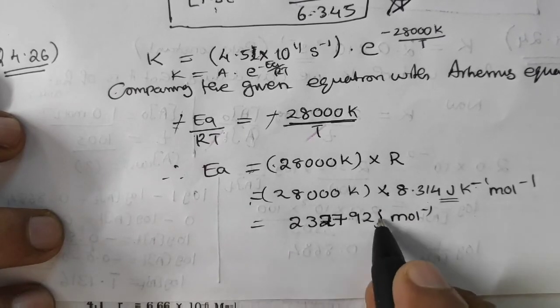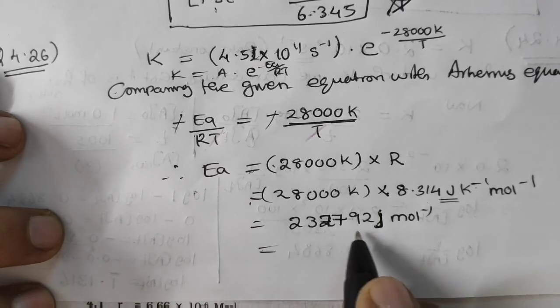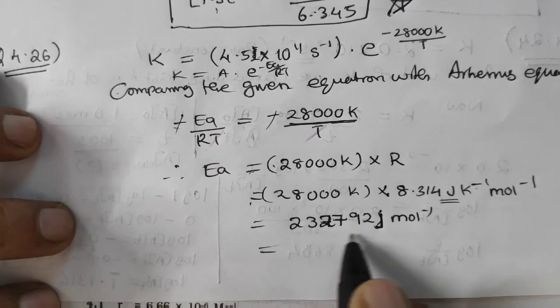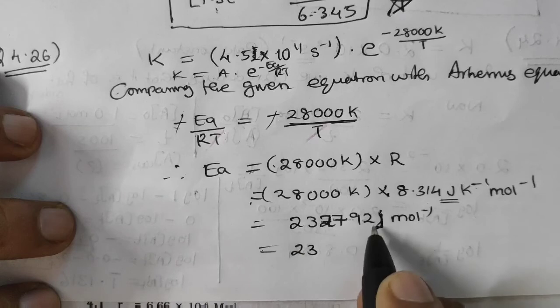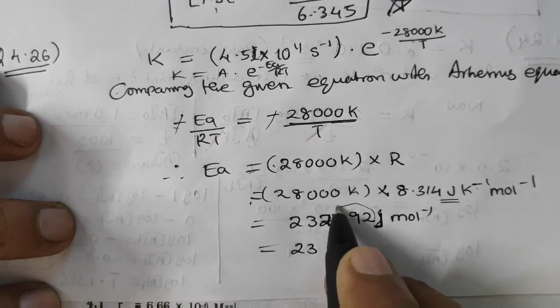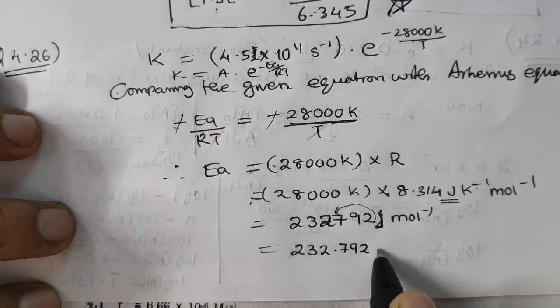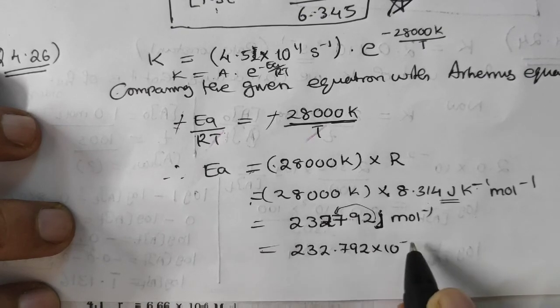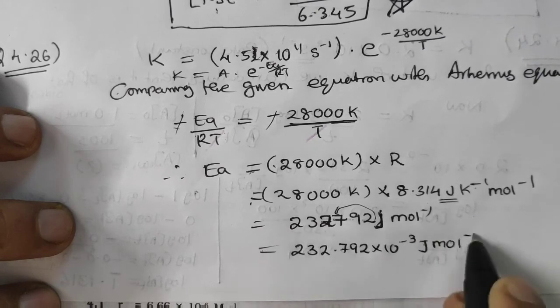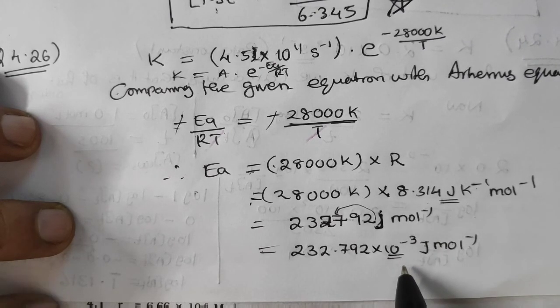Now, to simplify this into scientific notation, you can shift the decimal by 3 places: 232.792 into 10 raised to 3 joule mole inverse.